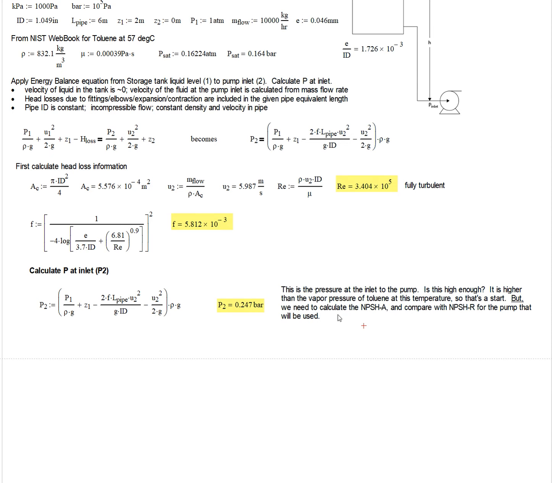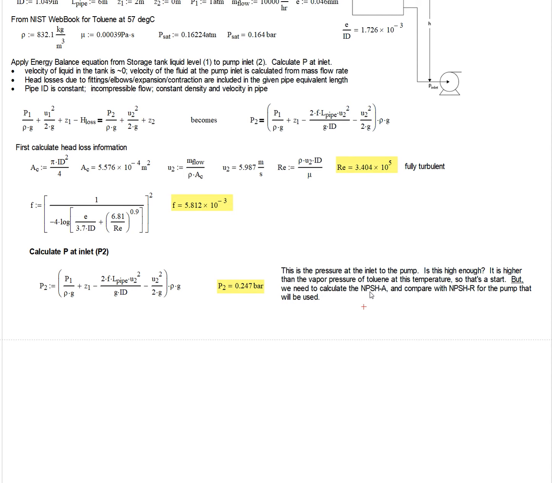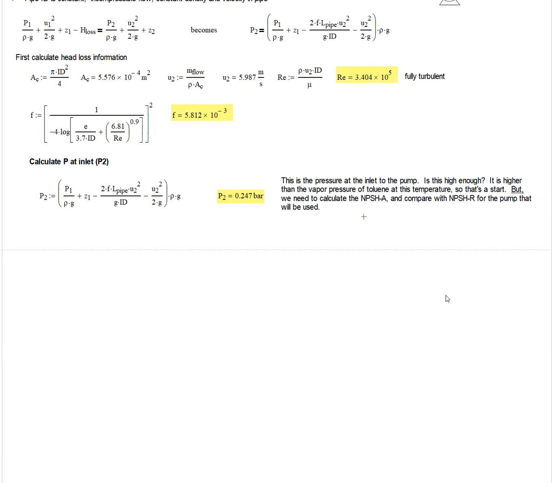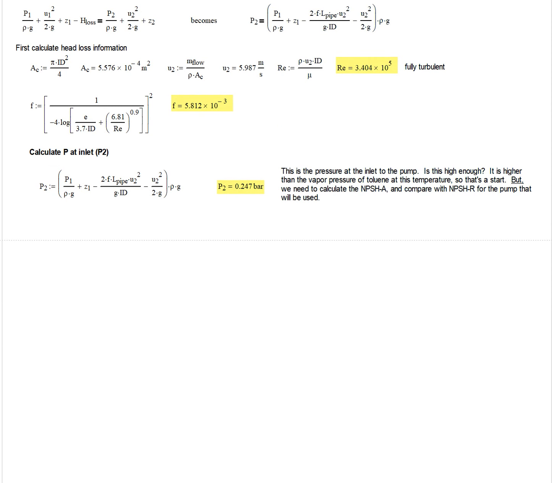But what we need to do is calculate the net positive suction head allowed and compare it to the net positive suction head required for the pump before we know that this is going to be adequate. And so what does that involve? Well, that involves calculating what the net positive suction head allowed is.